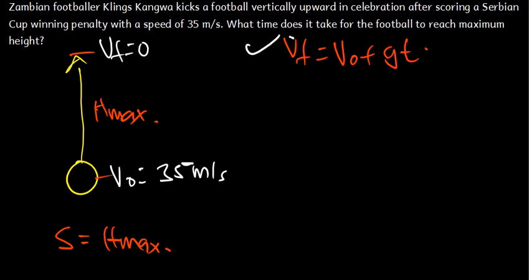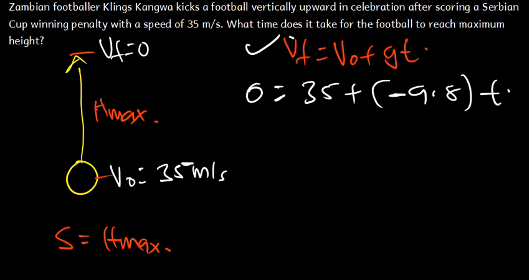Now we can plug in the values. We know that the final velocity, since it reaches the maximum height, is 0. The initial is 35 plus g, which is negative 9.8 because it was going away from the gravity, times t. We shift 35 to the other side, so we have negative 35 equal to negative 9.8 times t.